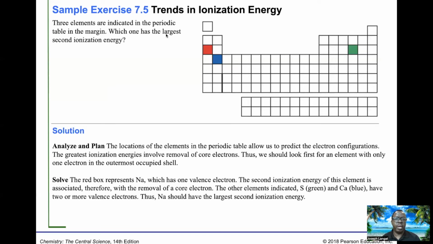Here, largest second ionization. Second ionization energy means removing the second electron after removing the first electron for first ionization. So sodium is the correct answer.